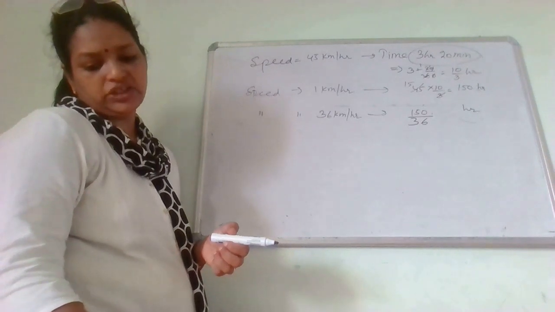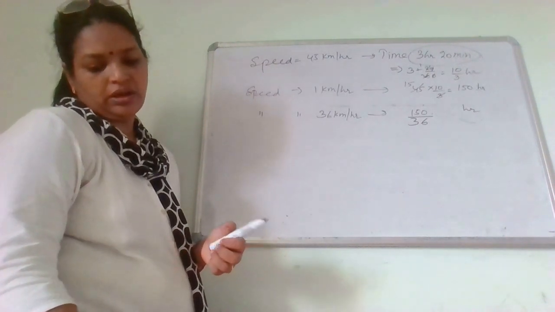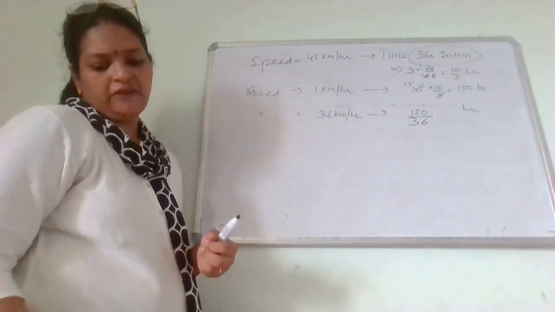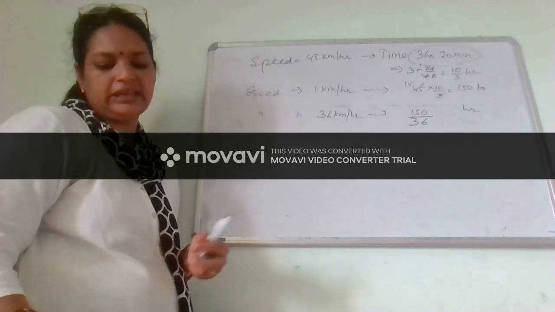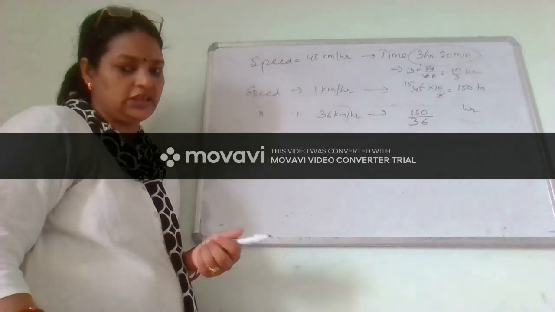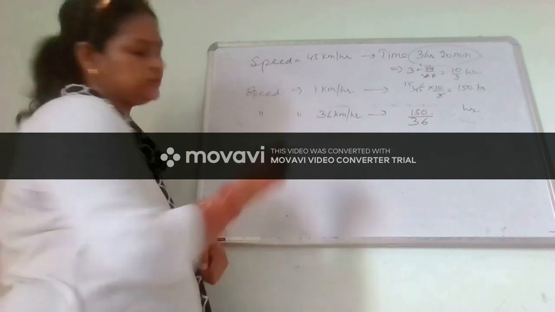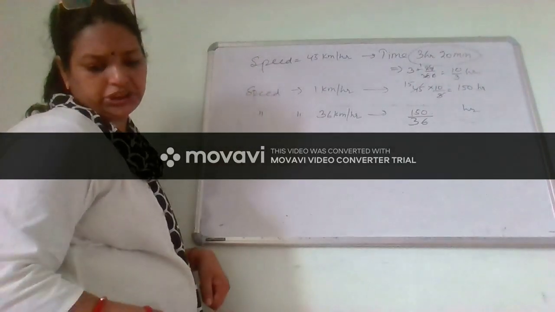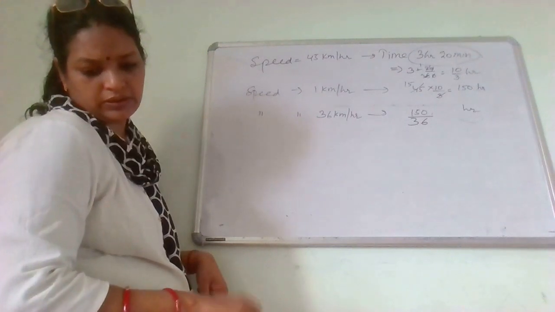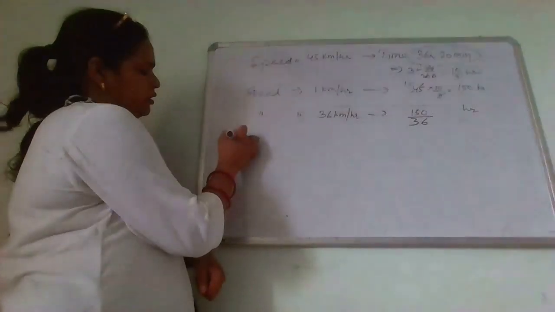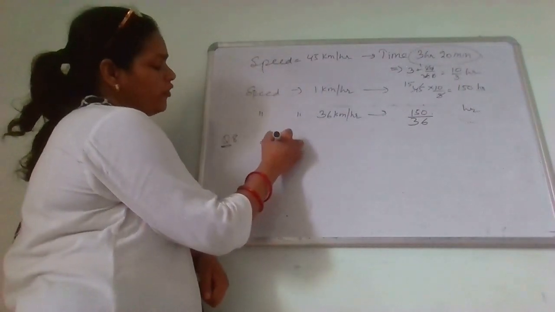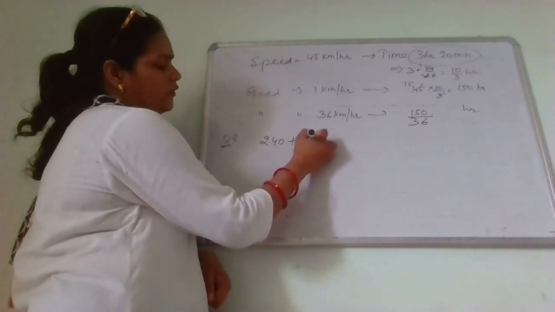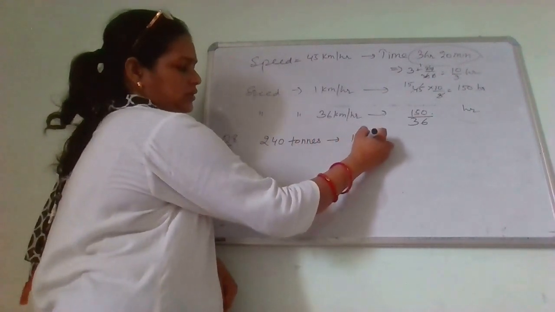Question number 8 also. The same type of thing is there. First it is 240 tons and then it has been increased by 60. So first of all it is 240. Question number 8 said 240 tons for 1 month.